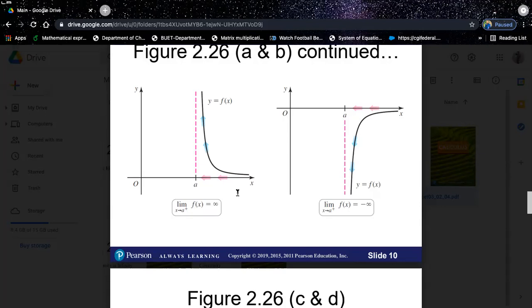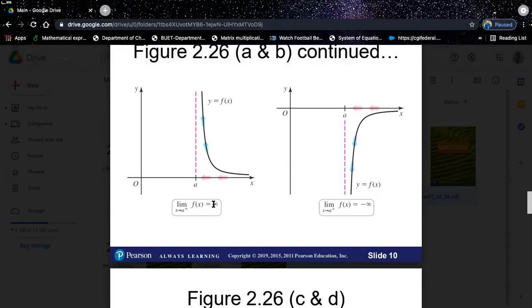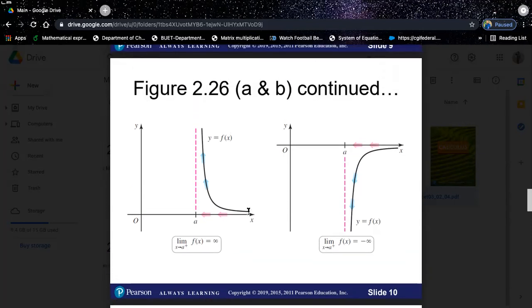So that's why if you have a question like this, I would rather suggest you to write infinity with the corresponding sign, whether it's moving towards positive infinity or negative infinity. Write that instead of does not exist. Does it make sense? Or I'll try to reiterate it maybe.